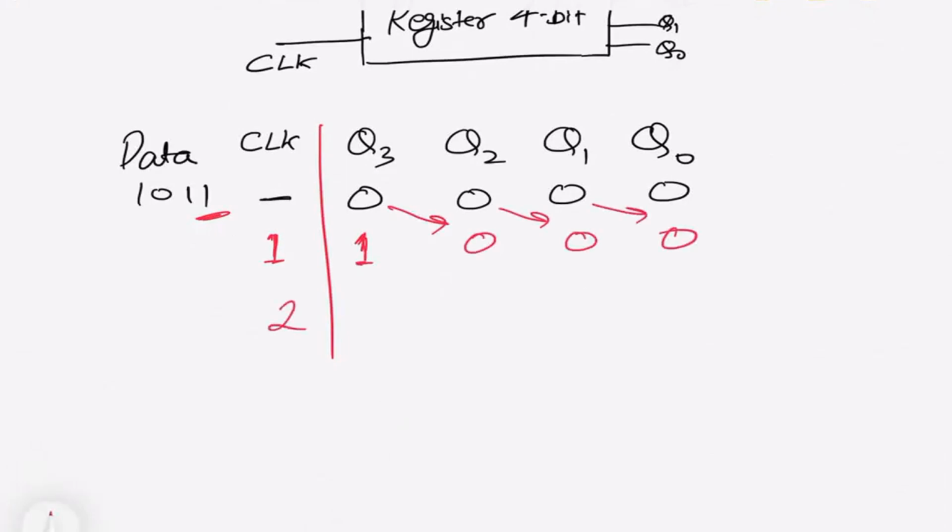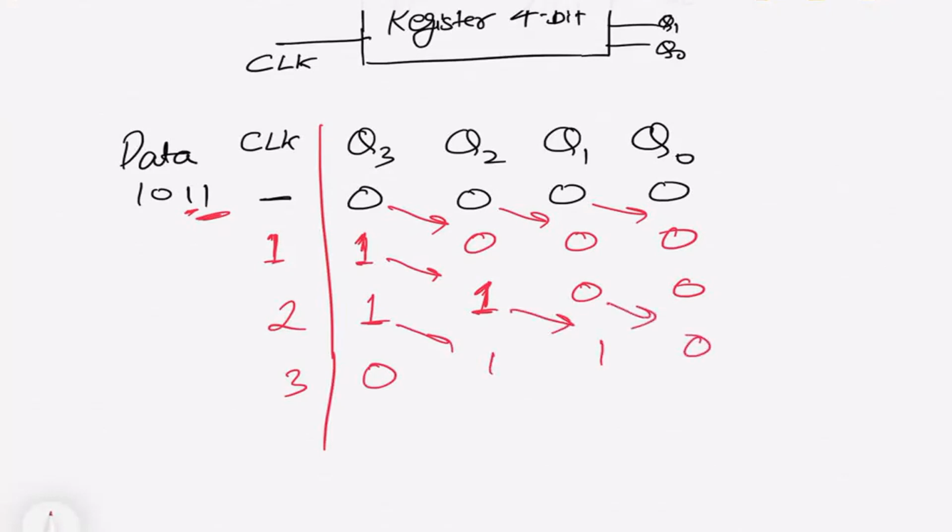In the second clock pulse, this one gets shifted here, and one new bit gets stored, and we will get 1, 1, 0, 0. In the third clock pulse, we will get 0, 1, 1, and 0. In the fourth clock pulse, this last bit will get stored, and we will get 1, 0, 1, 1.